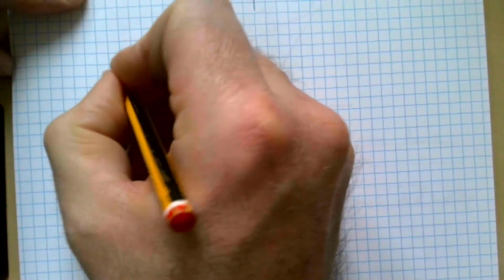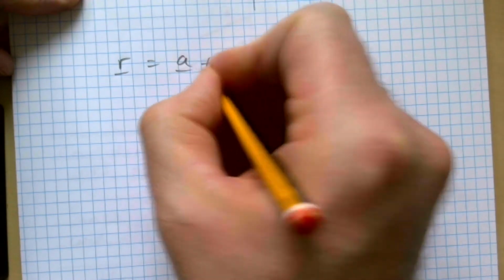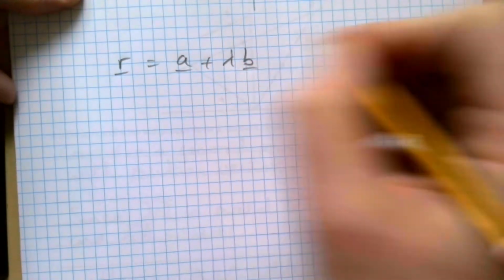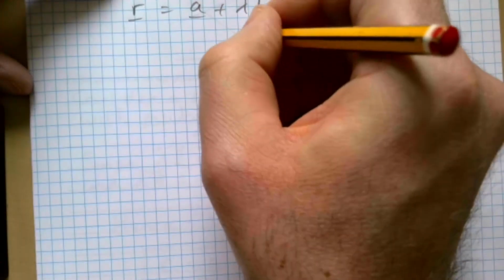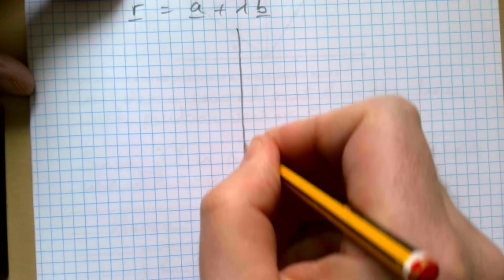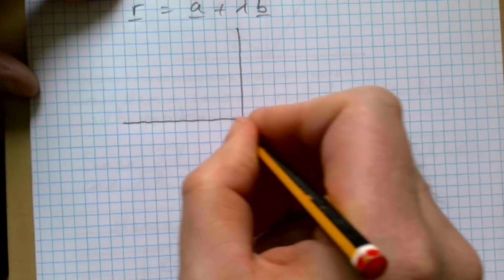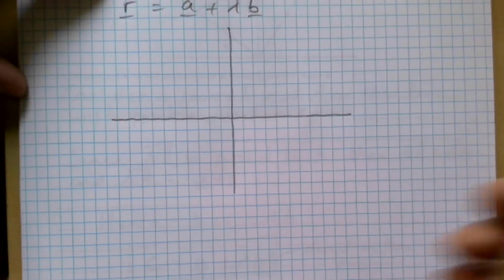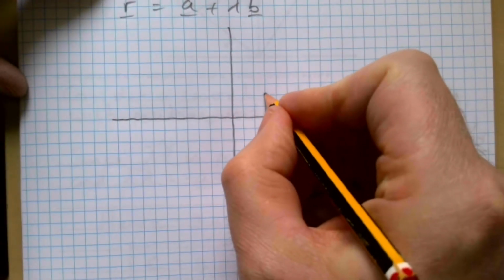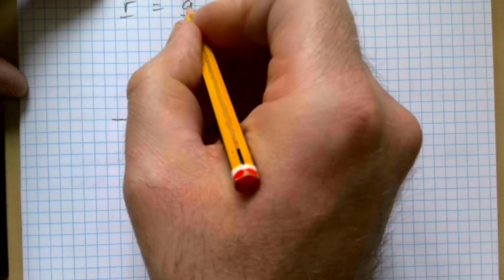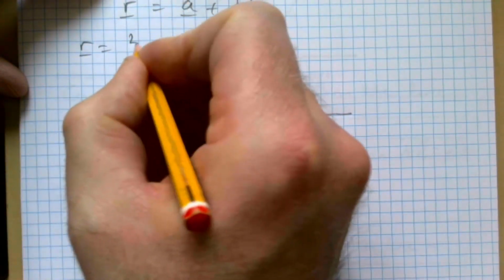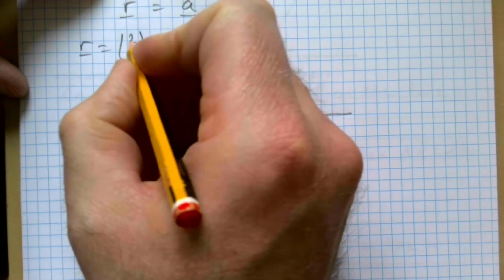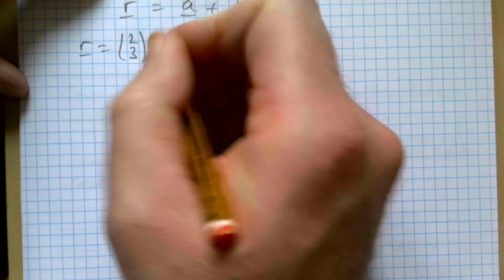If it's a vector equation of the line, it's r equals a plus lambda b. Let's pick a random point on the line. Let's say the line goes through this point here, the point (2, 3). That's your position vector on the line. So an example here would be r equals (2, 3). Remember, I can write that as 2i plus 3j if we want.